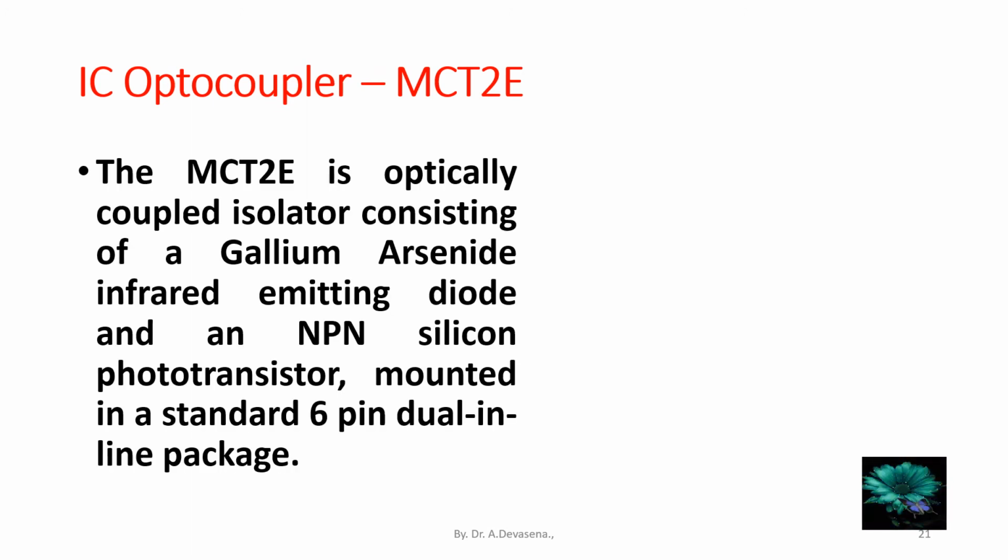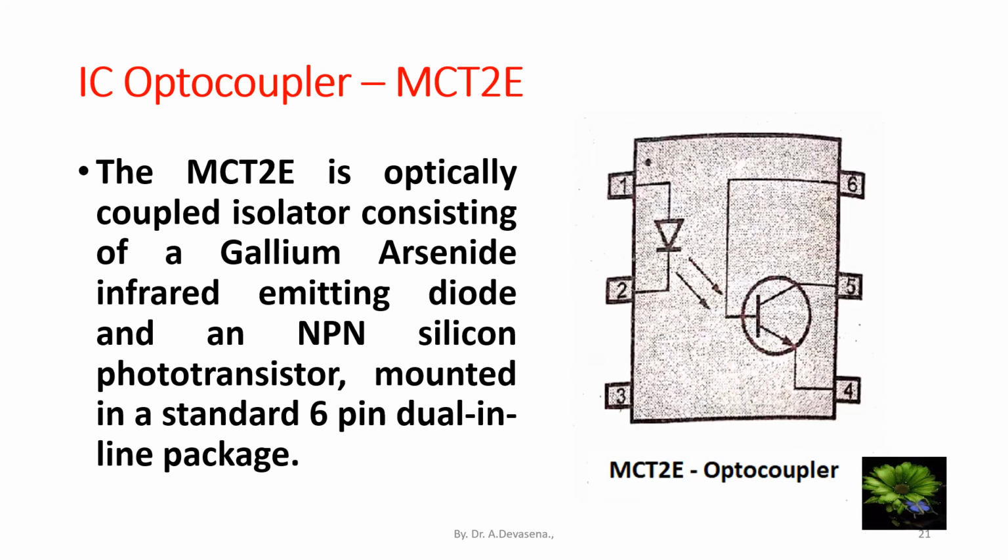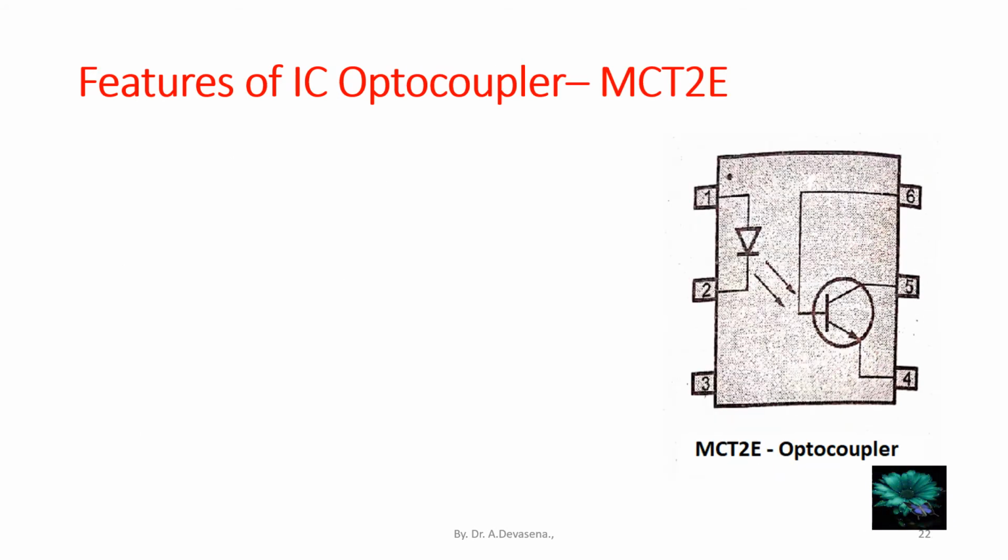The MCT2E is an optically coupled isolator consisting of a gallium arsenide infrared emitting diode and an NPN silicon phototransistor mounted in a standard 6-pin dual inline package. Here is the representation of the MCT2E optocoupler IC.